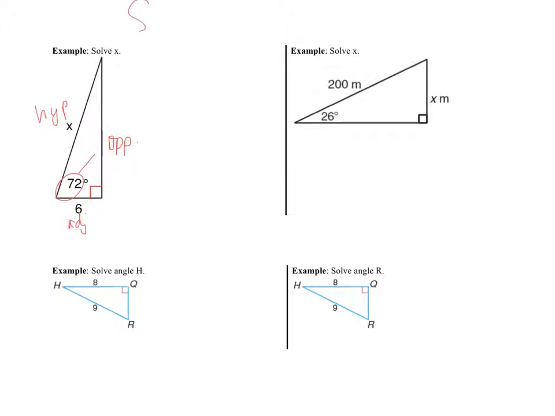I'm going to go ahead and write my little reminder up here. Sohcahtoa. Okay, so I have an adjacent and a hypotenuse, so I'm looking for an adjacent and a hypotenuse. Looks like I'm going to be using cosine for this one. So I know that the cosine of 72 is equal to the adjacent over the hypotenuse.